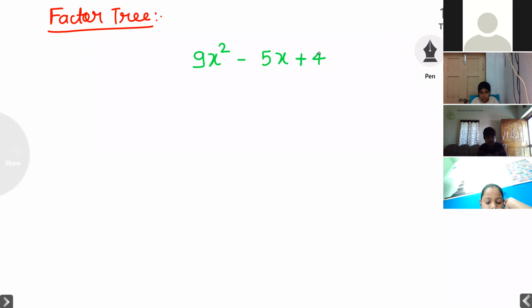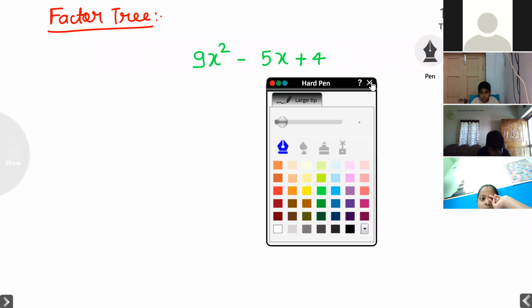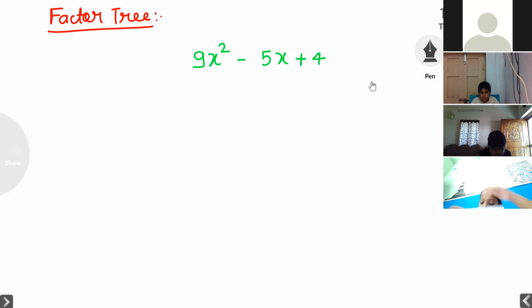This is called an expression. I have given the definition of expression. Expression is a single term or multiple terms connected by the symbol positive or negative. Here three terms are there. We are connecting with the help of plus and minus. This is called expression.